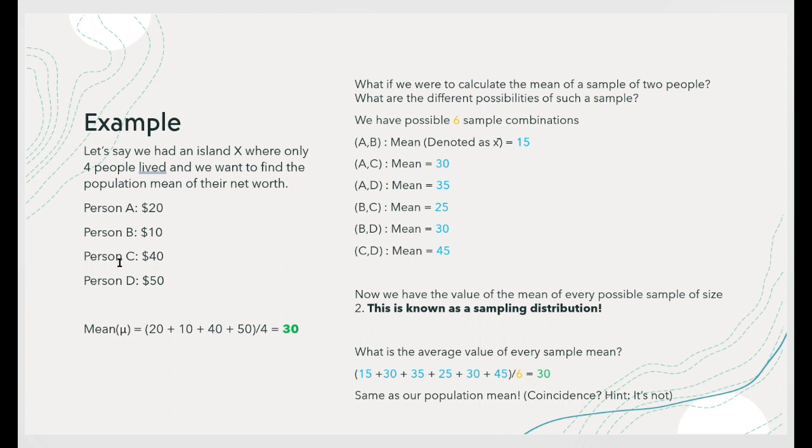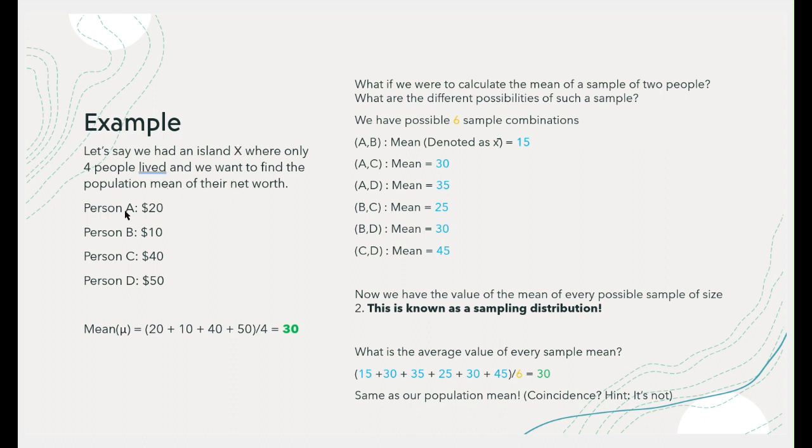let us look at this example real quick, right? Let's say we had an island X where only 4 people lived, and we want to find the population mean of their net worth, right?